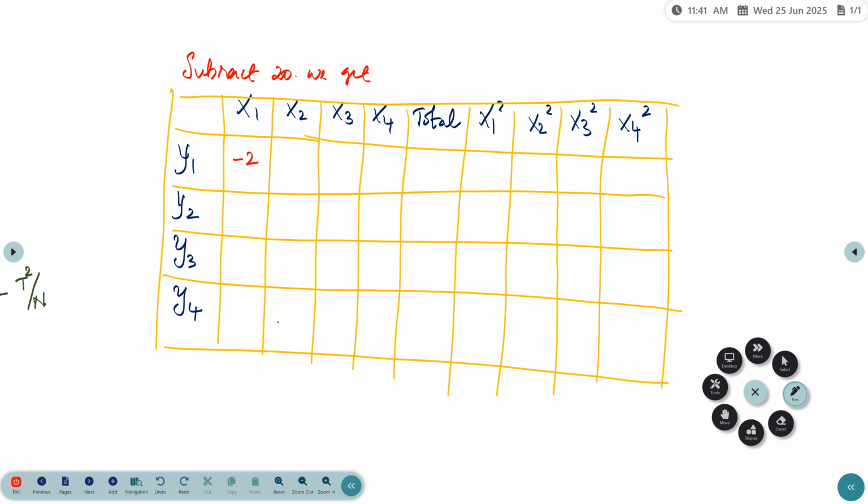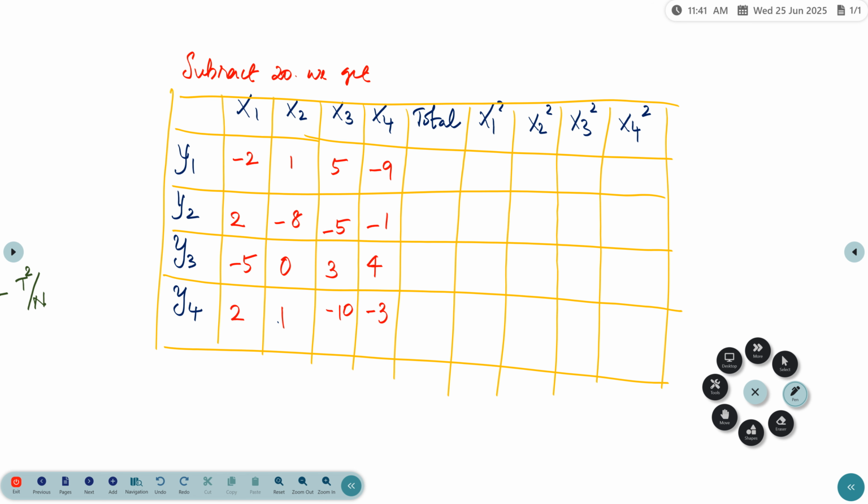The second value is 22; subtracting 20 we get 2. The third value is 25, subtracting 20 we get 5. Similarly, we perform this for all the values: 1, minus 8, 0, 1, 5, minus 5, 3, minus 10, minus 9, minus 1, 4, and minus 3.